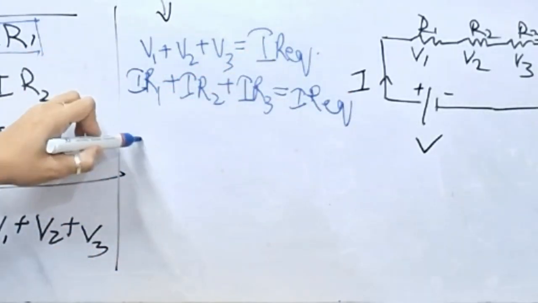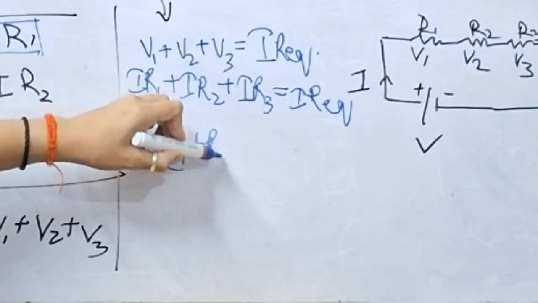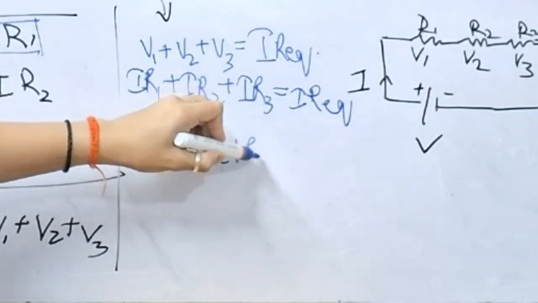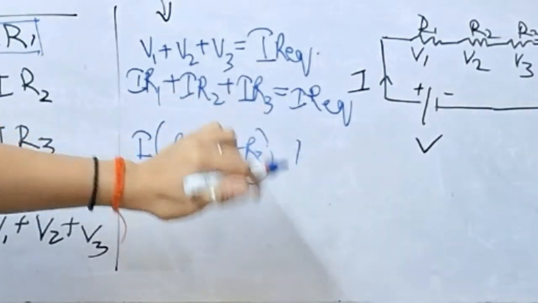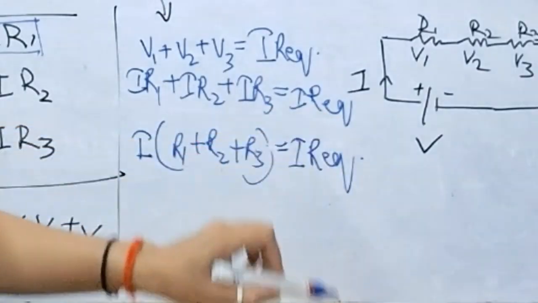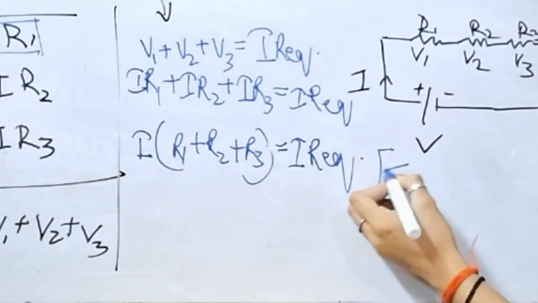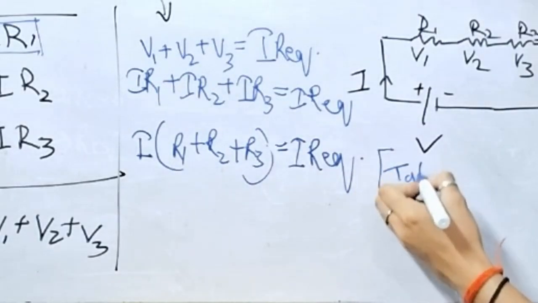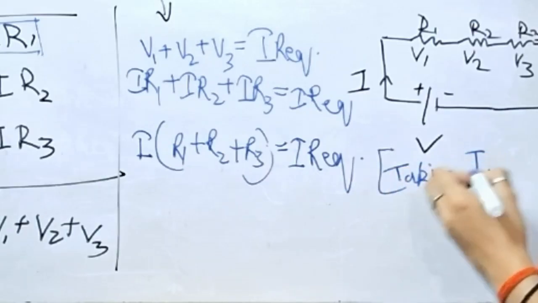Now, taking I common, I times R1 plus R2 plus R3 is equal to I R equivalent, right? What I have done is taking I common.